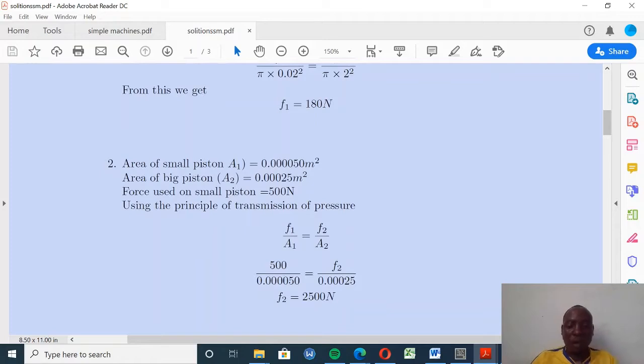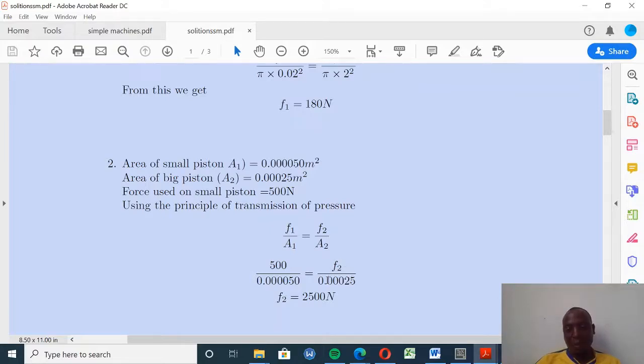Force 1 represents the input force, area 1 represents piston 1, F2 represents the output force, and area 2 represents the area of the second piston. Now, if we put in our values, we've been given 500 as the input force, the area of the input and the area of the output are given, and we are looking for F2.